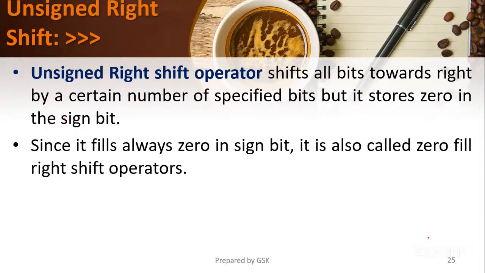But whenever you are working with the unsigned right shift operator, it fills 0 in the sign bit also. It is going to change the sign bit also. Always the sign bit is filled with zeros. So this is the major difference between signed right shift and unsigned right shift.